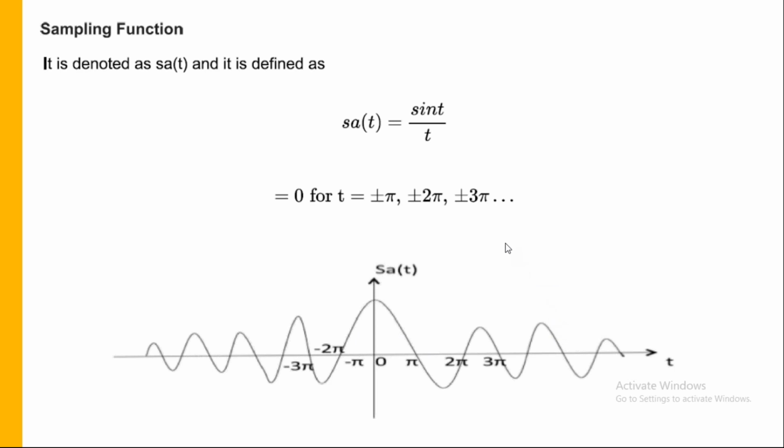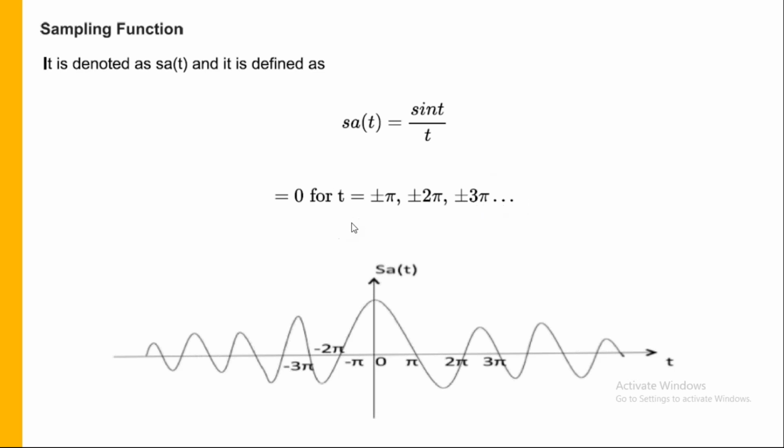Your sinc function is different and the sampling function is different, but the waveform will look more or less the same. Earlier it was giving 0 for t equal to 1, 2, 3, so on like that. But now it is giving 0 for t equal to pi, 2 pi, 3 pi, so on like that.